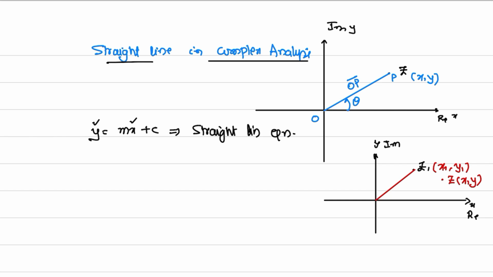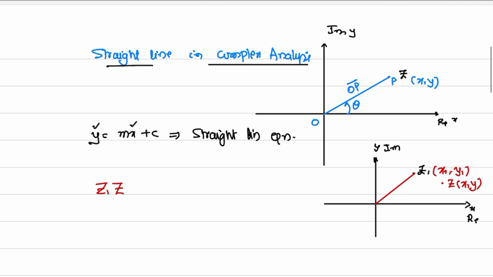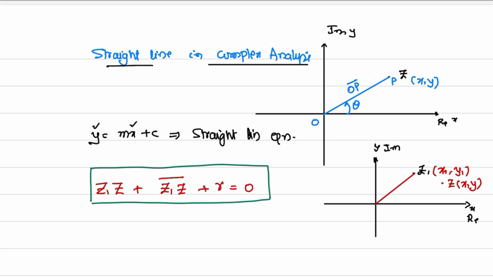The straight line equation in complex analysis is z1, which is a fixed number, and z is the locus number: z1 z plus conjugate of z1 z plus some number r is equal to 0. This is the equation which is going to represent a straight line.